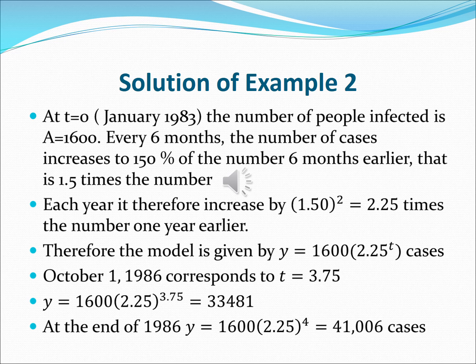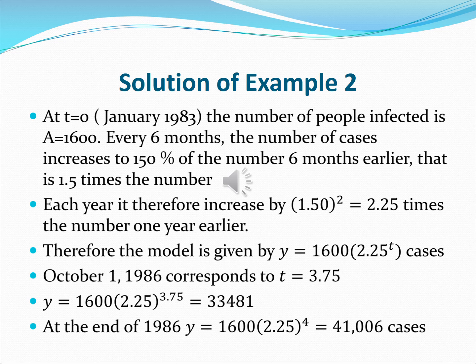Every 6 months the number of cases increases by 50% of the number 6 months earlier. That is 1.5 times the number of cases 6 months earlier. Each year it increases by 1.5 squared, which is about 2.25 times the number 1 year earlier.